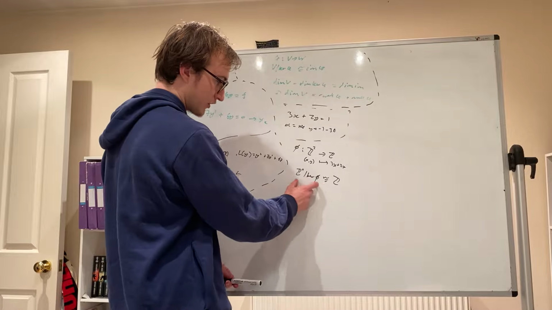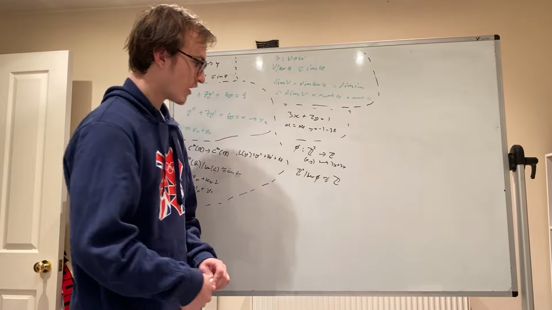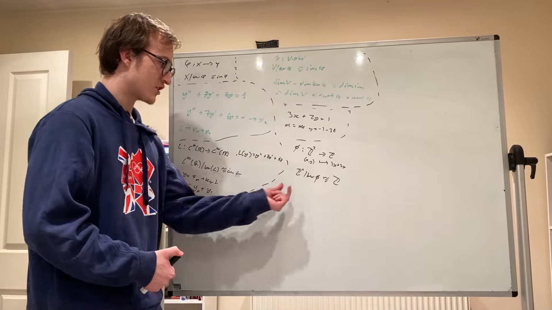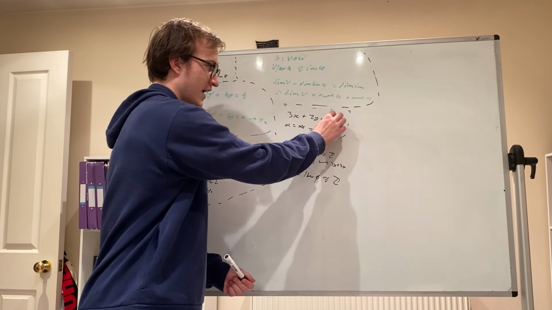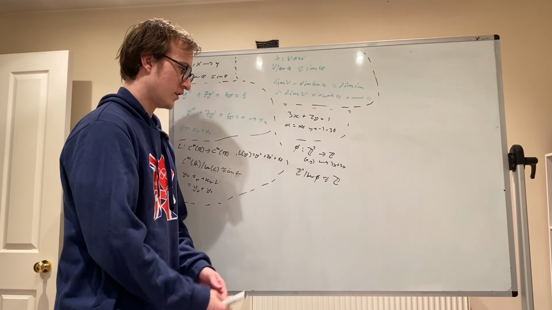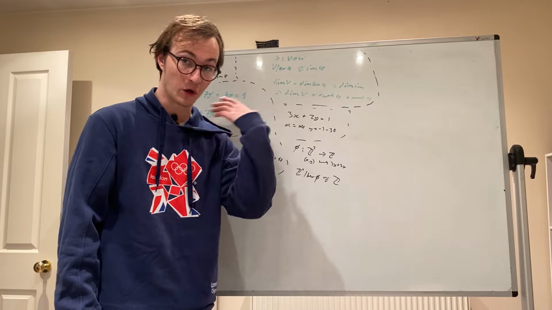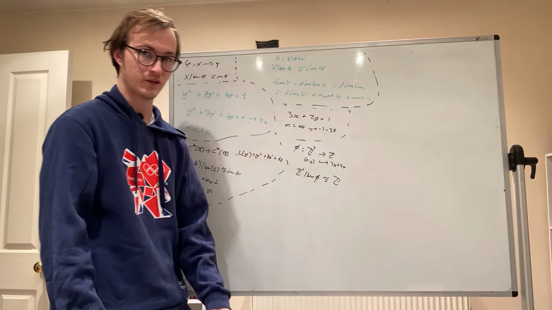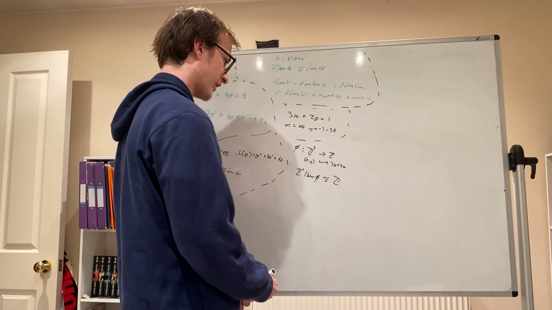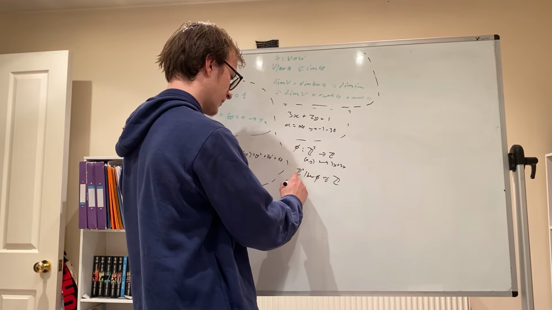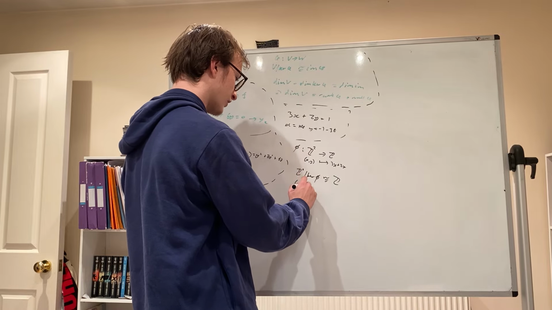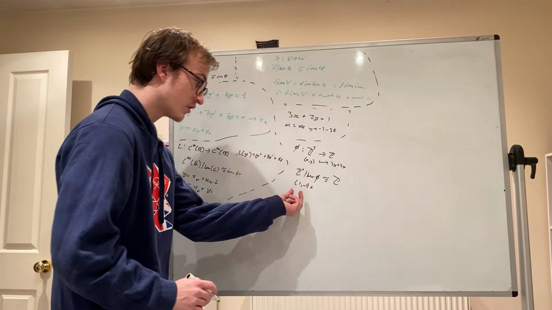But because we're modding out by the kernel, we actually have that the right-hand side is represented by a whole coset. And so the left-hand side is not just going to be (1, minus 1). We have to add the kernel.